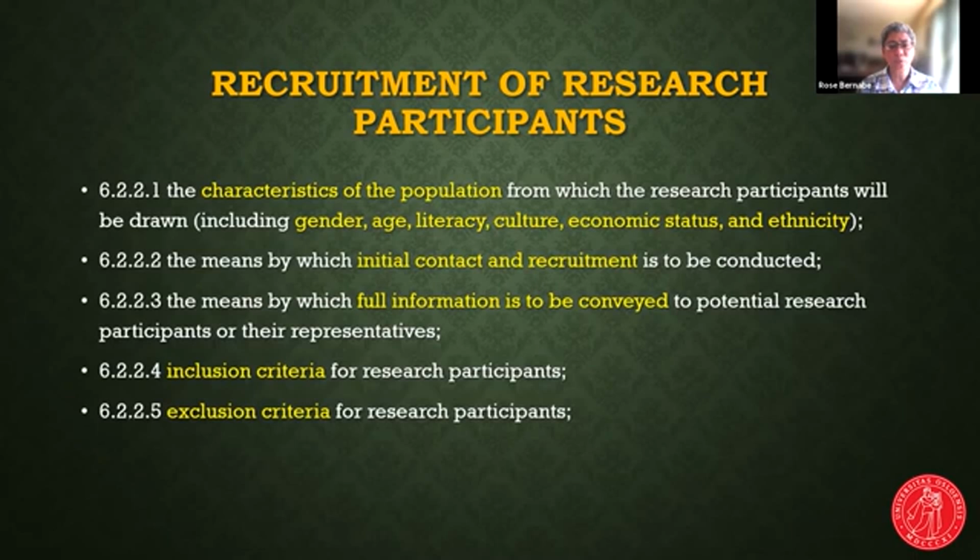The means by which full information is to be conveyed to potential research participants or their representatives. When we say full information, we're talking about information that is sufficient for any reasonable person to make a good judgment, right, on whether or not they want to be part of a trial.